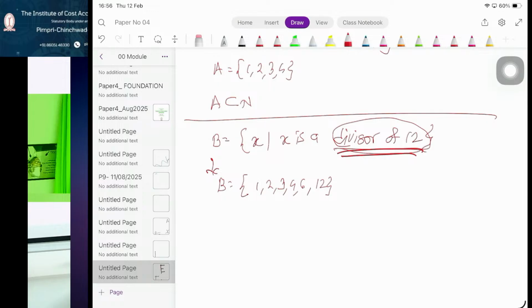So B will contain only those elements which are divisors of 12. Clear?